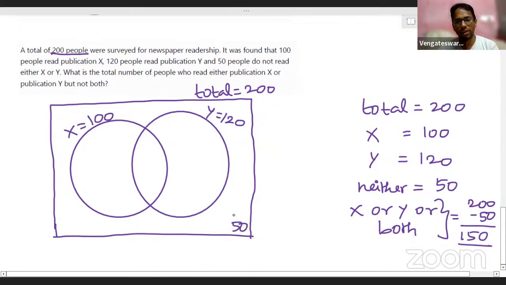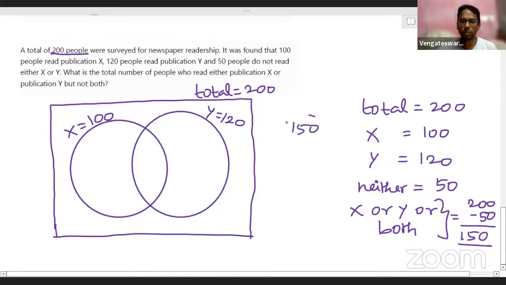And as of now, we don't have to worry about those 50 people. This portion belongs to the readers of both of them. I mean, how many of them are reading both the papers, both the publications? Those people will come here. That's the idea. And however, we got to get that at least one of them are 150 people.